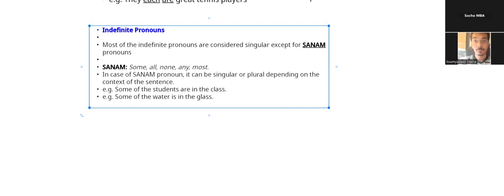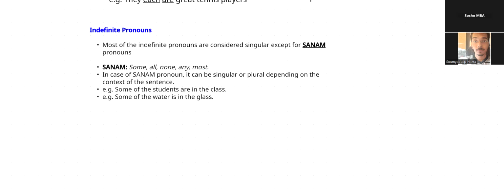Most of the indefinite pronouns. Now, what are indefinite pronouns? The examples of indefinite pronouns are any, some, most, etc. Most of the indefinite pronouns are considered singular except Sanam, right? अच्छा.